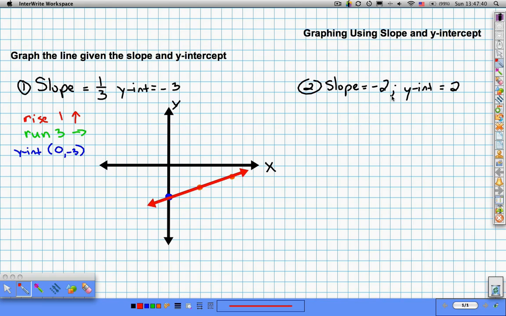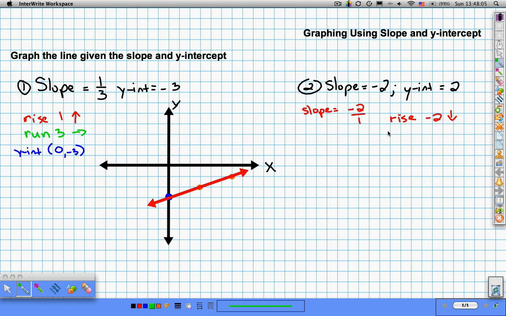This problem is much different. If you notice, our slope of -2 is not a fraction, but that's okay. We can write it as a fraction. Remember, any whole number can be written as a fraction if we put a 1 under it. Knowing this, what is our rise? It is -2. That means we're going to go down 2 spots.